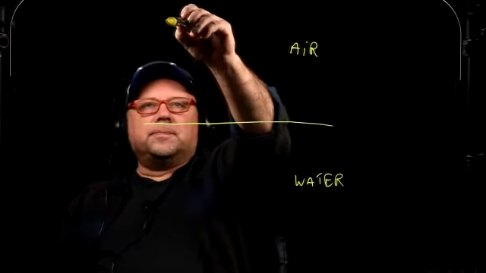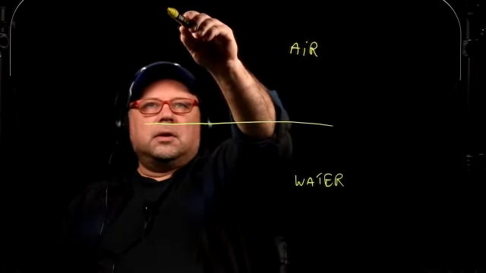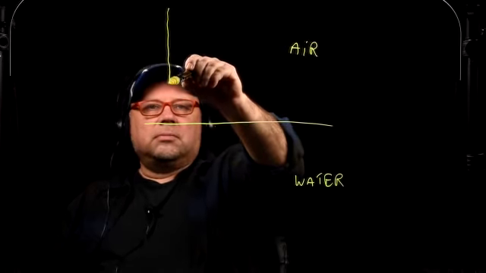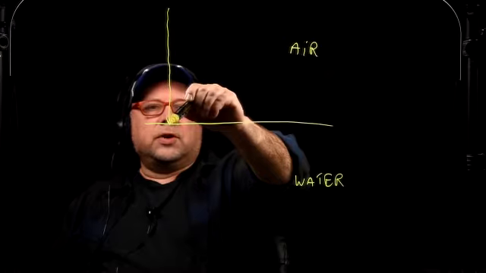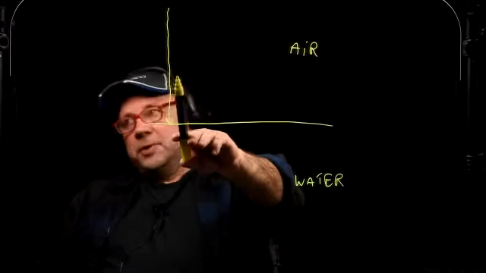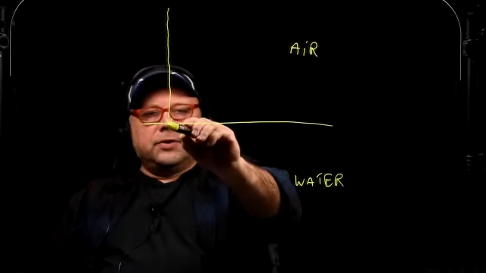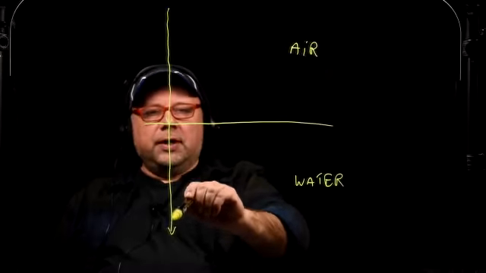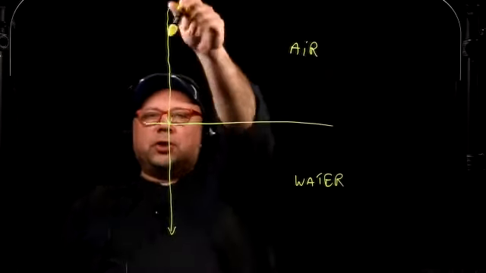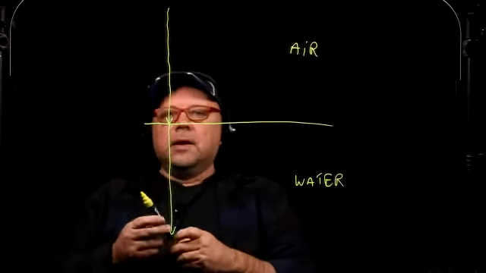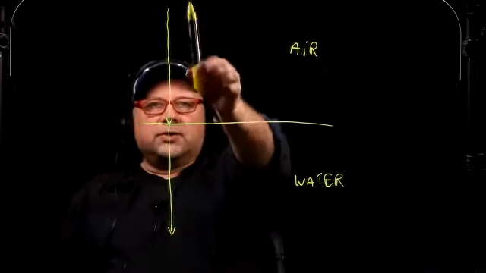So let's say we start with the light traveling at a perpendicular angle right to the water. The light is going to travel with the speed of light, and as soon as it enters water, it's going to slow down, but it's still going to travel at the same angle.